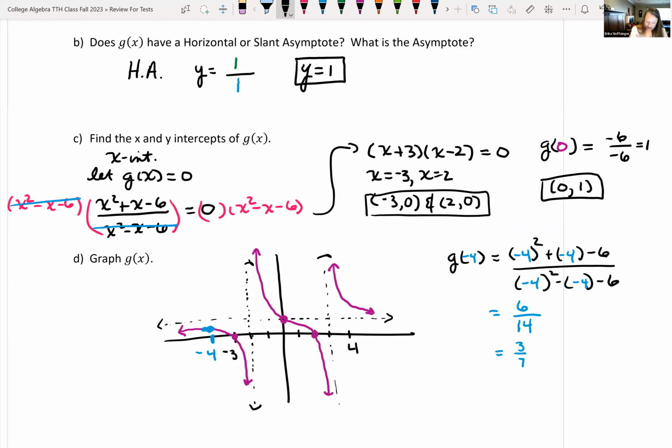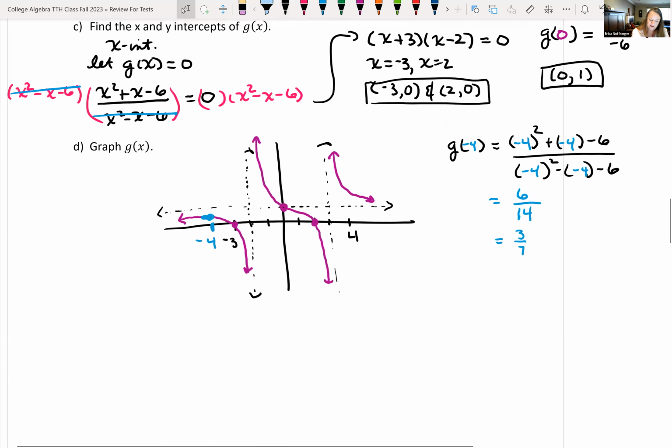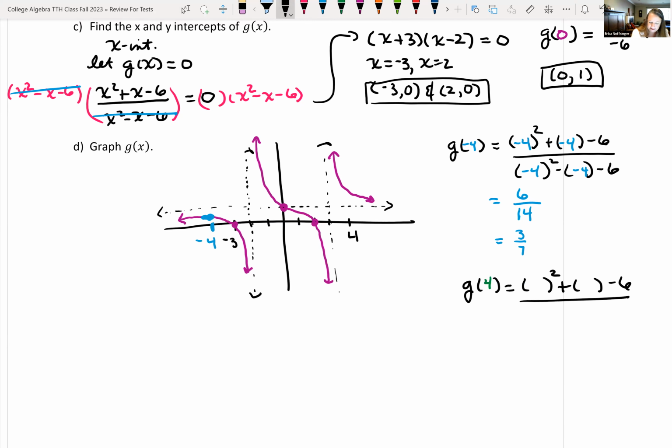So how about x equals 4? And let's just show that we're above the x-axis. If we're above the x-axis, that has to be the shape that I just gave you. So let's look at g of 4. Going in and plugging in 4 wherever you saw an x in our original function g of x, and putting parentheses wherever I see an x, and then dropping in 4.